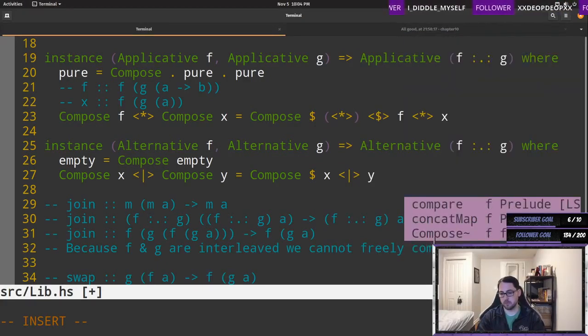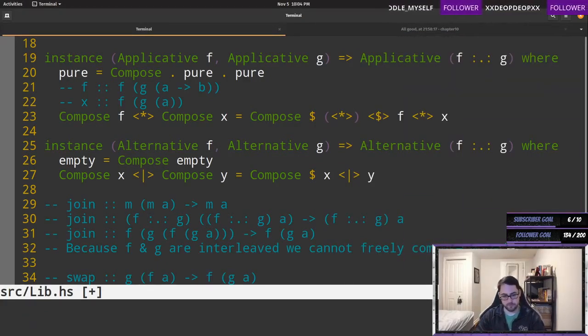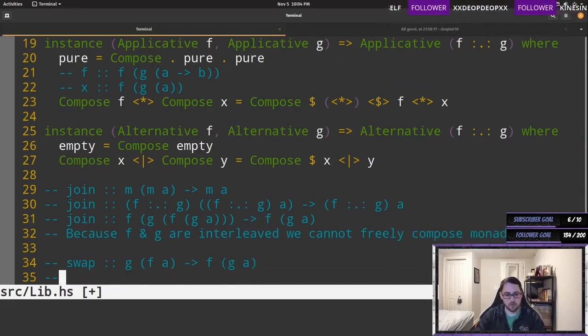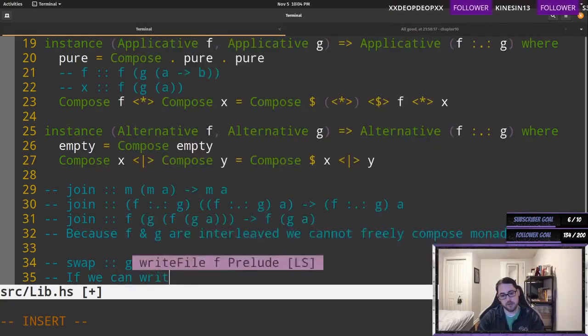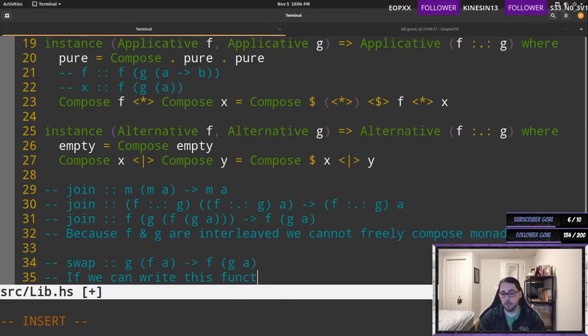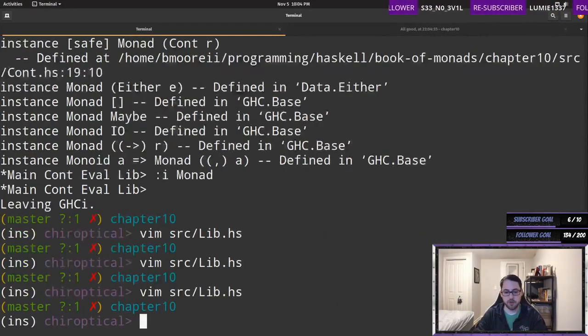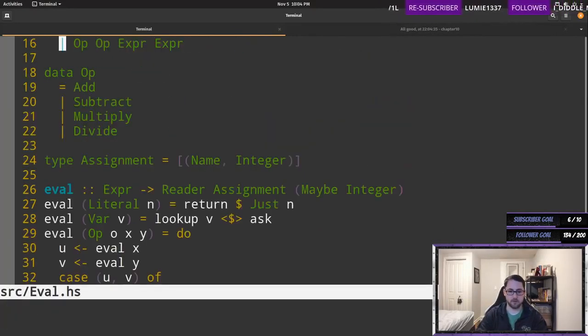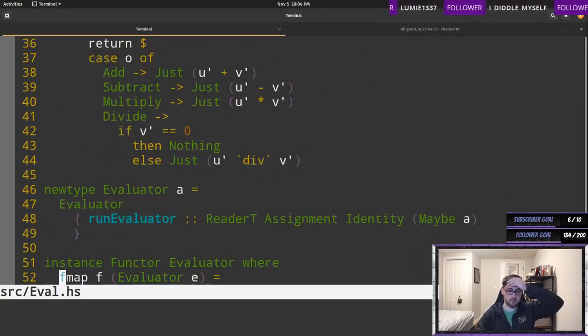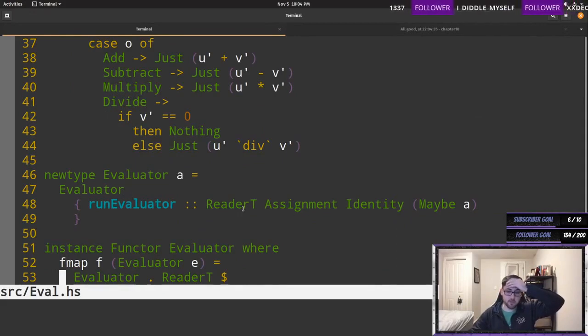Freely compose monads. If we can write this function, we have not done transformers yet, not in this book anyway. So we're gonna do those soon though. We wrote a transformer by hand earlier actually. So essentially we wrapped a transformer.